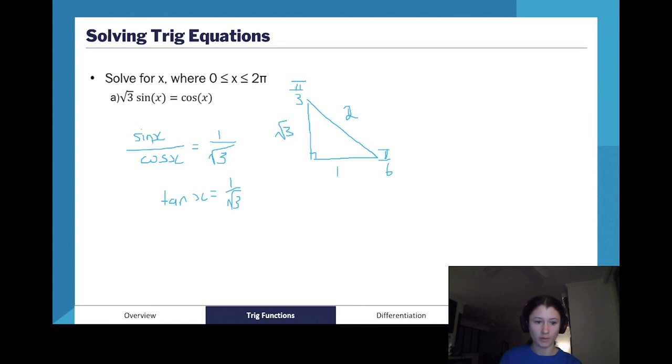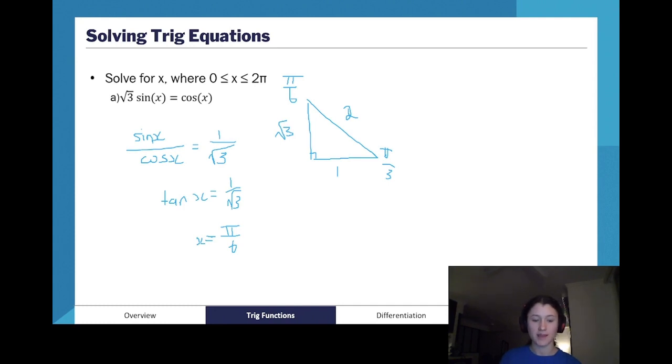Other way around, sorry. Pi on 3 and pi on 6. So our tan, remember, is equal to our opposite over adjacent. So x here is going to be pi on 6.